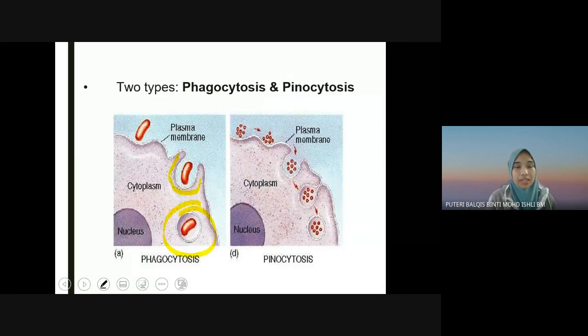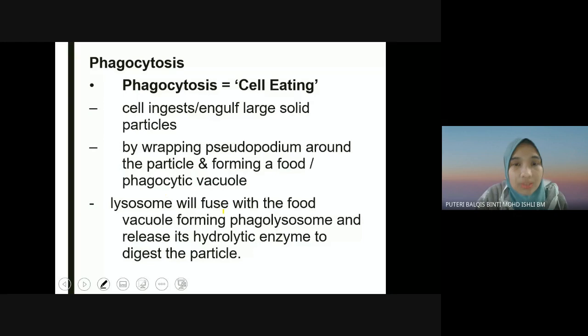Okay, for endocytosis we have phagocytosis and pinocytosis. Phagocytosis involves solid food particles. Pinocytosis involves dissolved materials and fluid. Alright, phagocytosis, what happens is the cell will ingest solid particles by wrapping pseudopodium around the particle, forming food vacuole ataupun phagocytic vacuole.